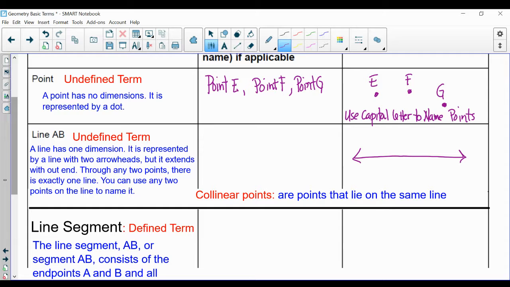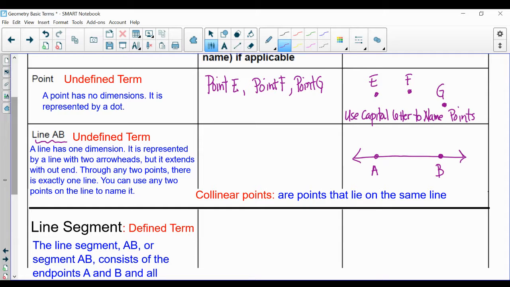This line right here, they already told us what we want to call it. We're going to put those two points on here, A and B. A line has one dimension, it's represented by a line with two arrowheads, and it extends without end.